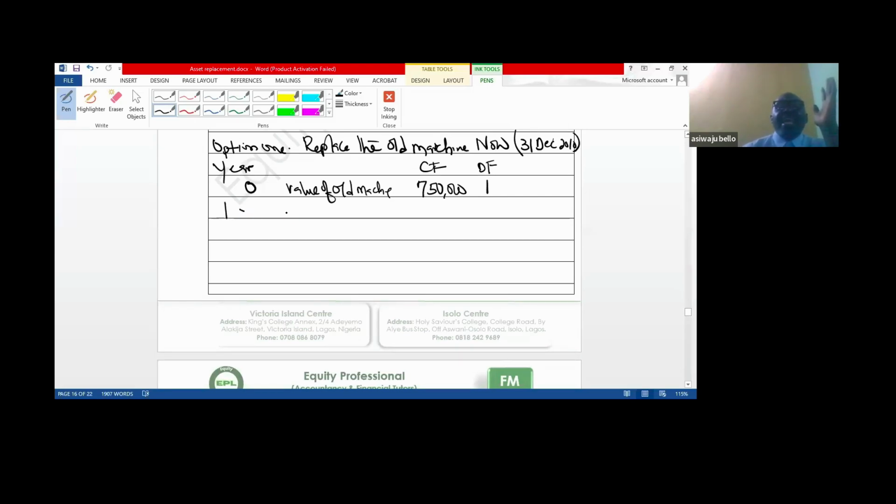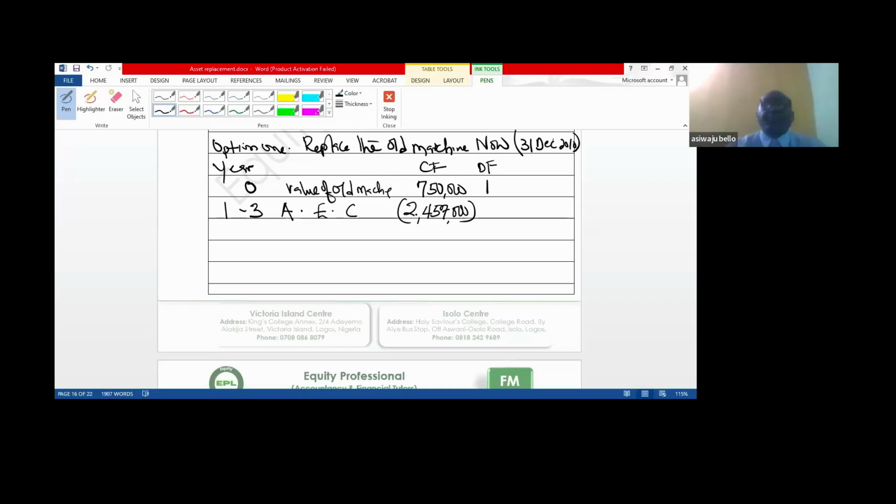From year 1 to year 3, the annual equivalent cost of the new assets is 2,457,000. Don't forget, the new asset must be replaced after 3 years. So we are going to incur the annual equivalent cost for year 1, year 2, year 3.